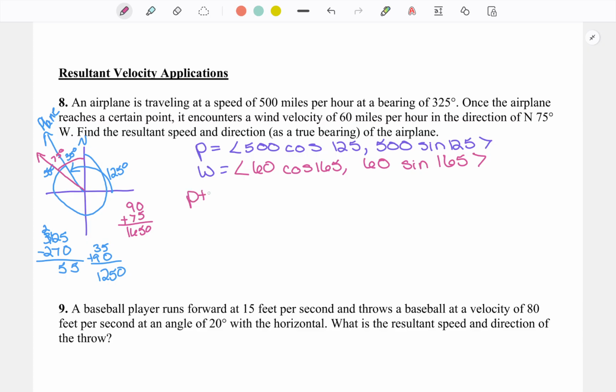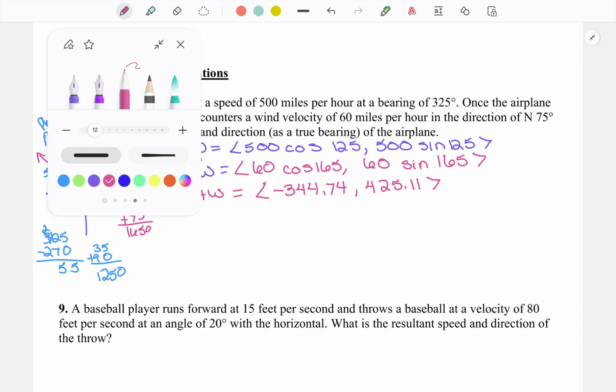So we are going to add those together. So we have P plus W, and that is going to be negative 344.74, and then 425.11.